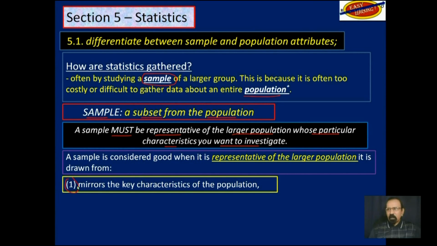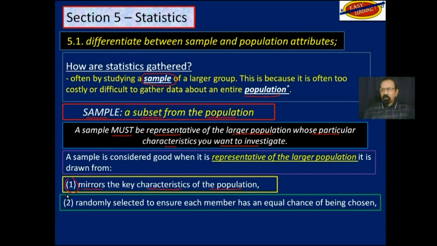One, it mirrors the key characteristics of the population that we were just looking at. Two, it is randomly selected to ensure that each member of the population has an equal chance of being chosen for the sample.